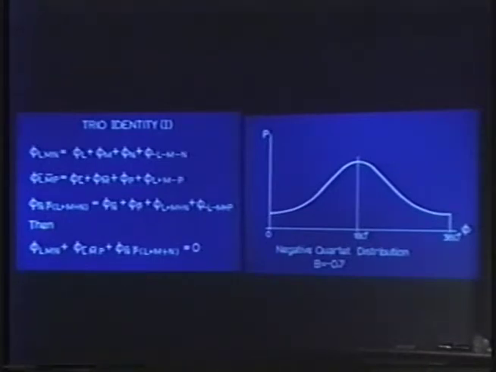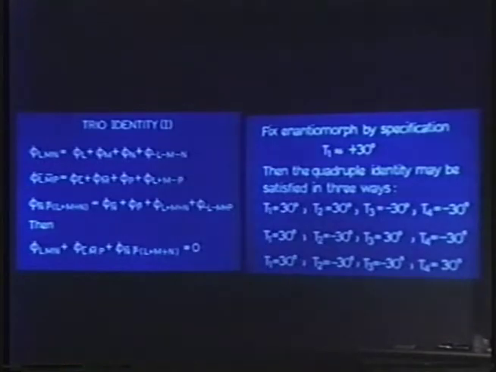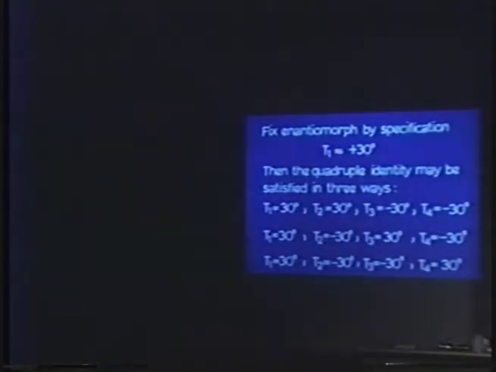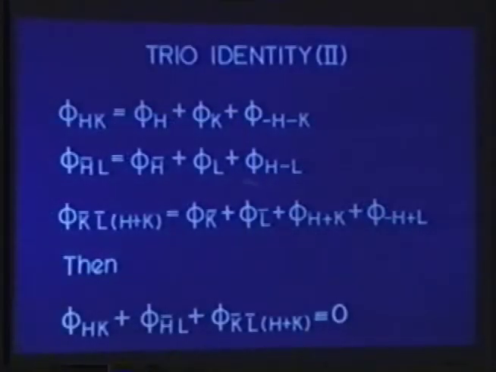separating out the enantiomorphs. And finally, there's another, I'm on the wrong side. Well, I'll leave that there. If we concentrate on the left-hand side, we have the second trio identity, which is formed by two triplets, phi h plus phi k plus phi minus h minus k, and this one, and a quartet.